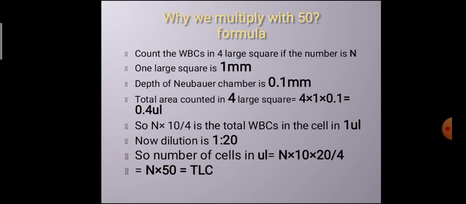After doing this calculation, you will get 50. So we multiply the total counted WBCs in 4 large squares by 50, and after multiplication by 50, the obtained value will be our TLC.